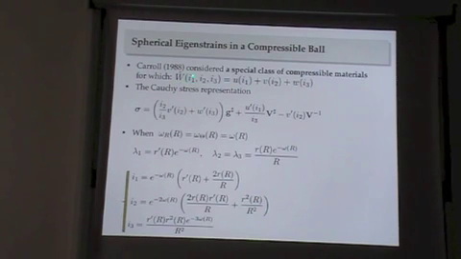This W being a function of I1, I2, I3, I'm going to look at this special class with this additive property, that this function is some arbitrary function of I1 plus I2 plus I3. And then the Cauchy stress representation would look like this. So this is the special class that I'm going to be looking at.